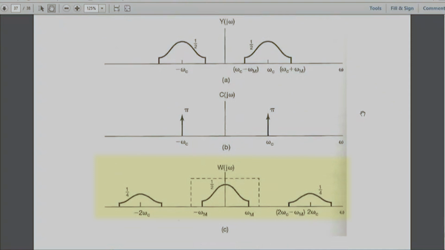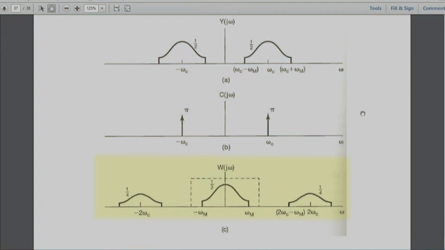And when you think about what the scale factors of a half do, you end up with a copy of x of j omega shifted over by minus 2 times the carrier frequency, scaled by a quarter. You have a copy over at 2 times the carrier frequency, scaled by a quarter.